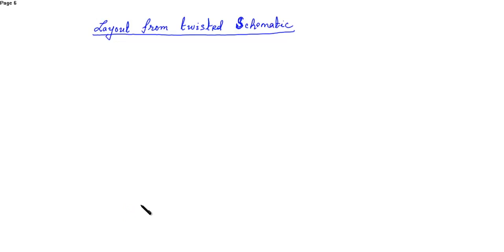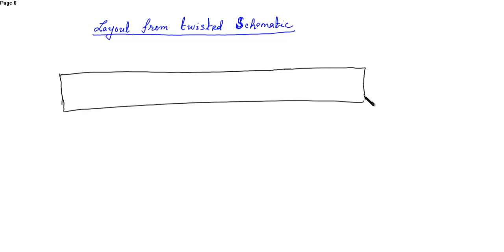So first we have 4 PMOS. So I'll take a common N-well. So we'll draw from here. This is the N-well.